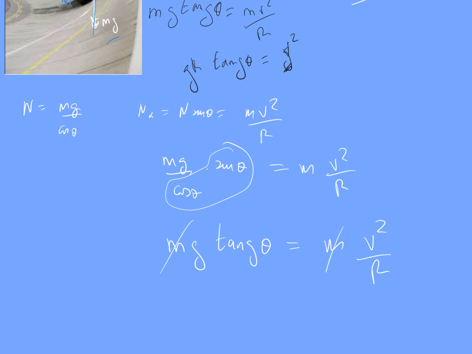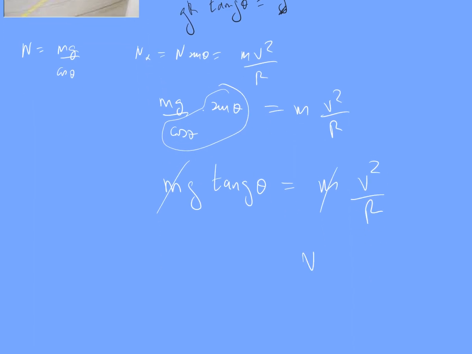The m will cancel. So the v squared, the safe velocity to take this curve, is when v squared is r g tangent of theta. If you take the curve with this velocity, nothing happens.